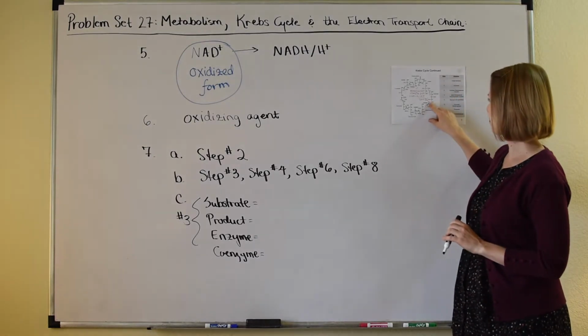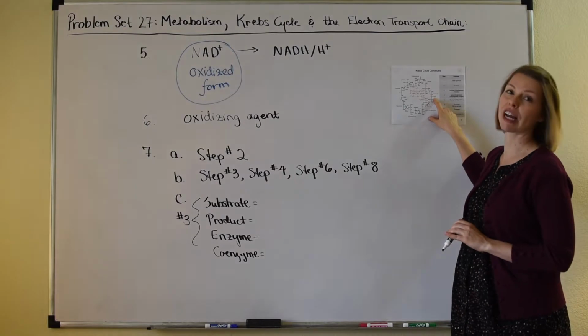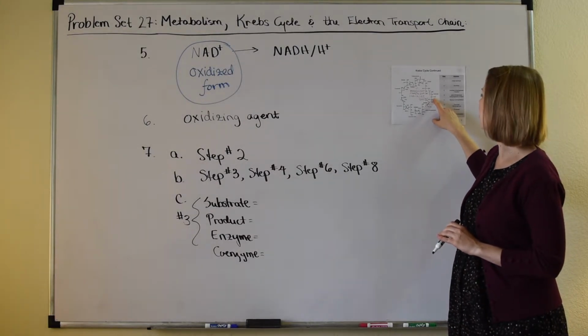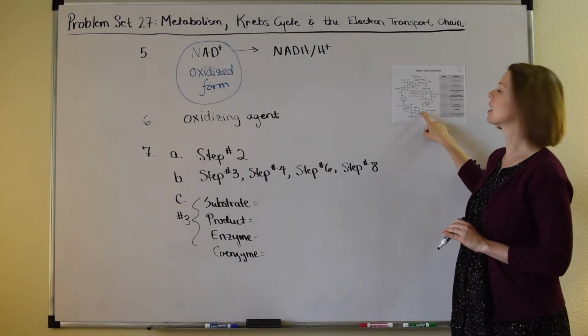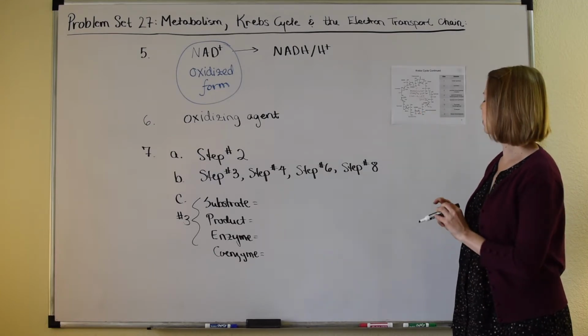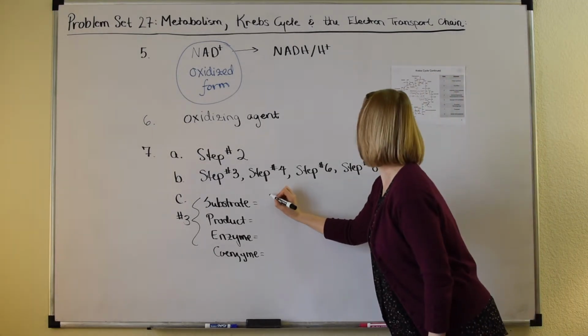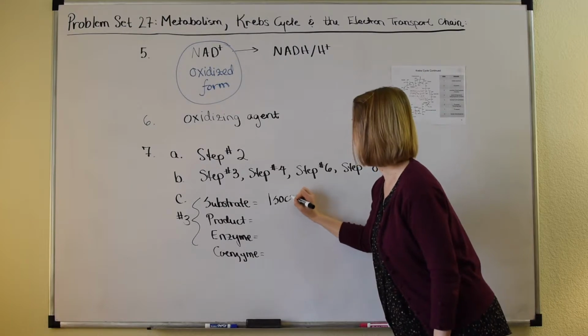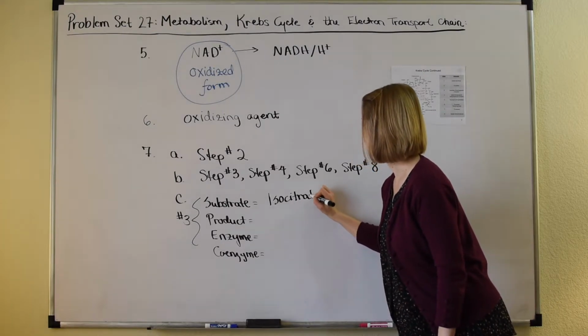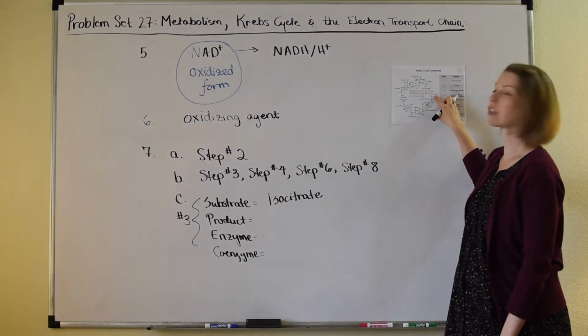So we're on step 3. Isocitrate is being converted into alpha-ketoglutarate. Okay, so on step 3, we're going to write for our substrate isocitrate. Okay, that's our substrate.